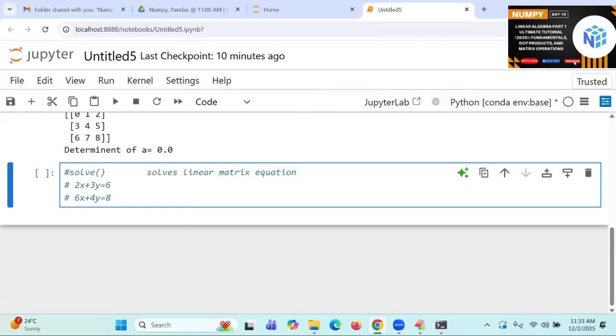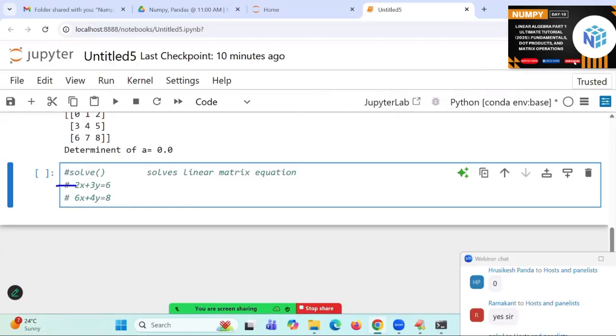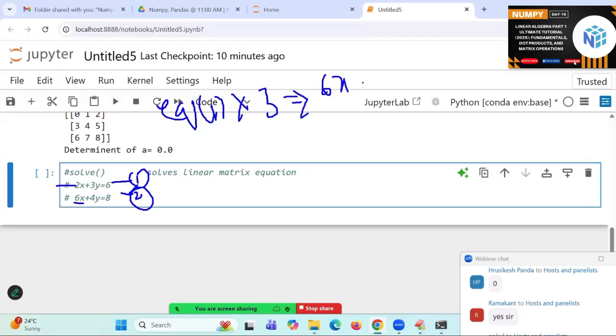What I do is, the first one is equation 1, this is equation 2. Equation 1 multiplied with what? 3. I will multiply. Why do I want to equate with the 6x? What is this now? 6x plus 9y is equal to 18.